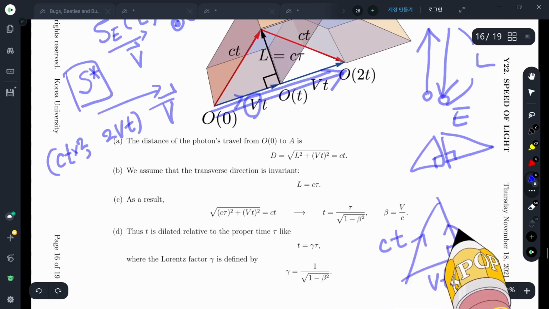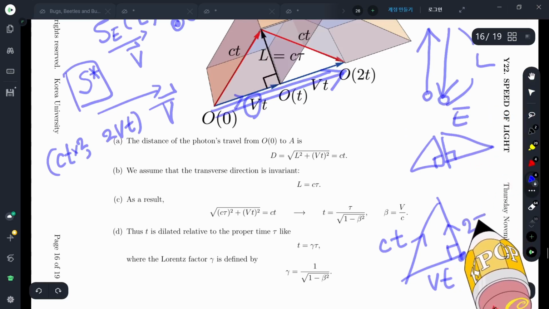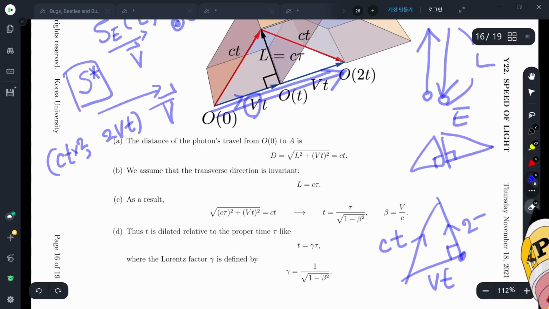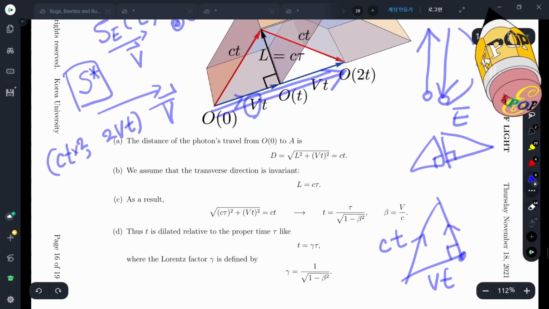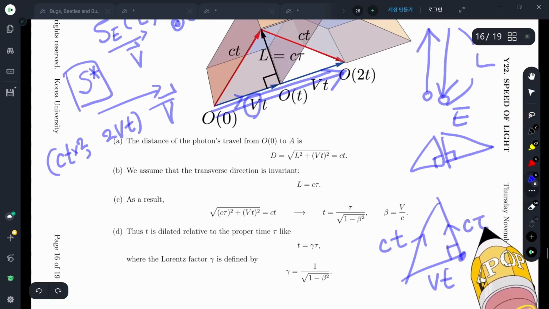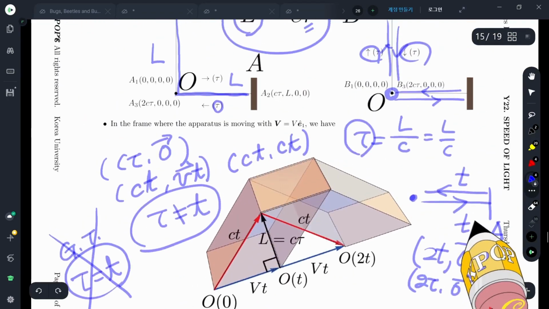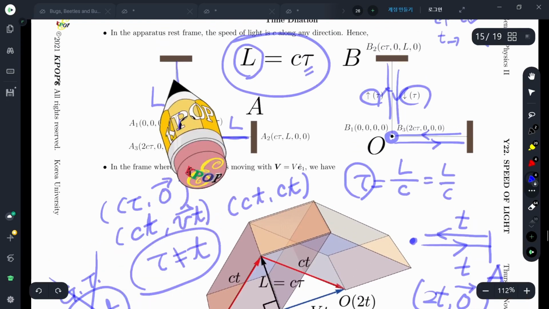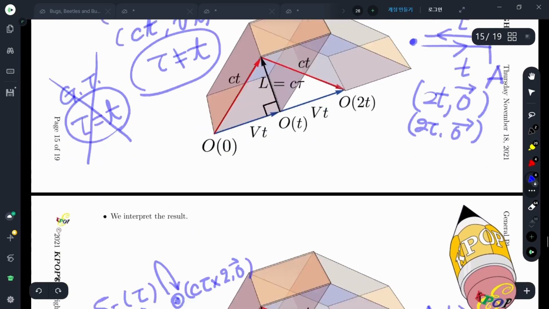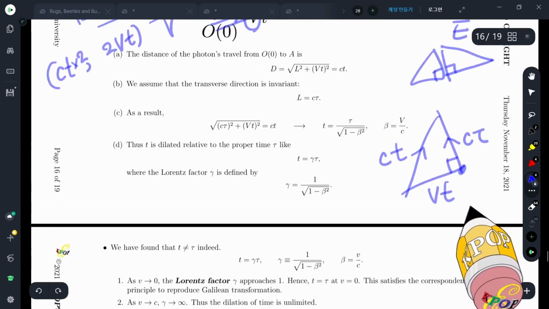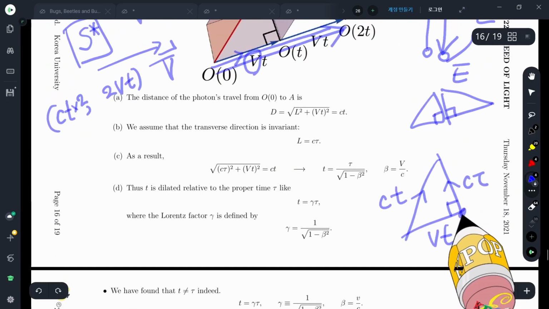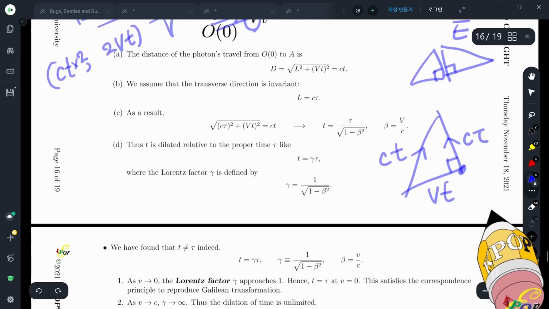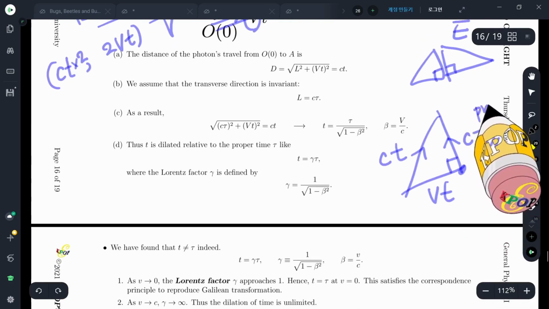And this is related to the proper time, laser. I told you this vertical direction is related to the proper time because when it returns to the same point, we have to use proper time because there is no motion at all. Now we have a proper time here.